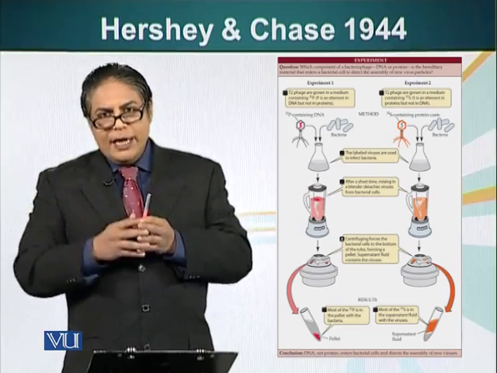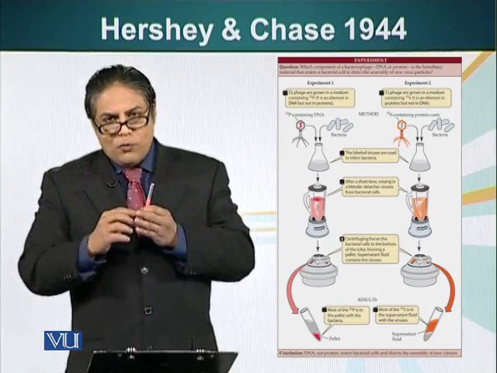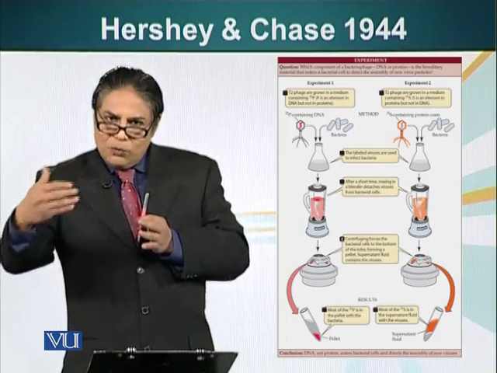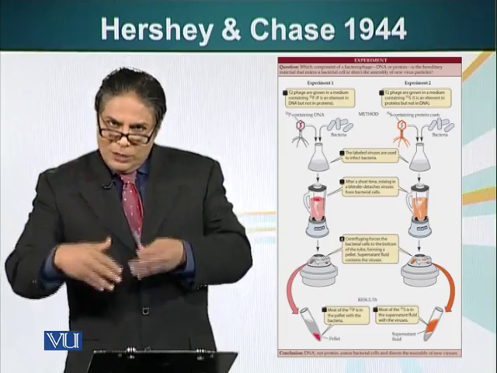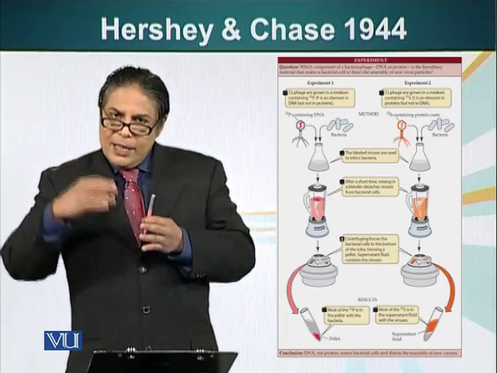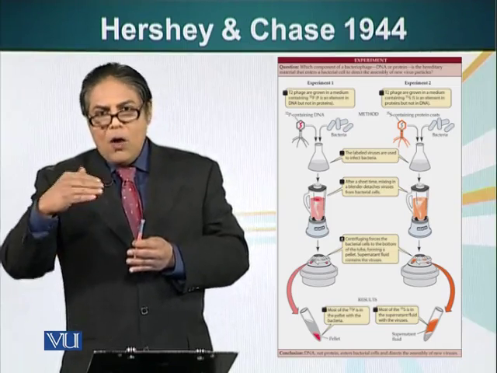The bacteria which had the heavier phosphorus, when they made progeny, and these viruses were cultured successively, the next generations also had phosphorus.